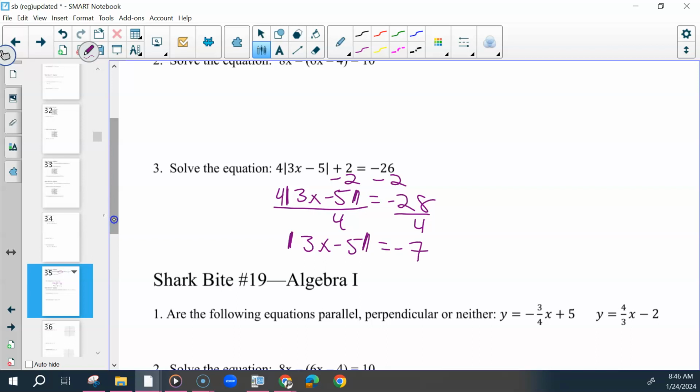And because this equals a negative, the absolute value bars are isolated, and it equals a negative, we cannot keep solving this. This is no solution. So if you have anything more than that, get rid of it, erase it, cross it out. If this equals a positive number, we could drop the absolute value, set it equal to a positive and negative, keep going and solve, but it does not, so we could not.